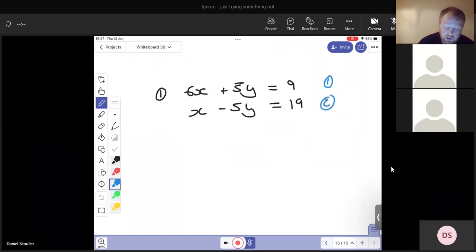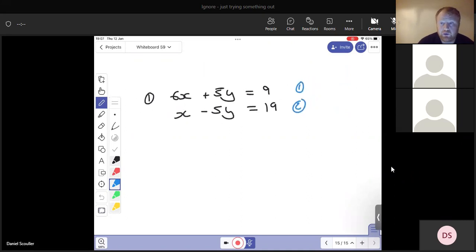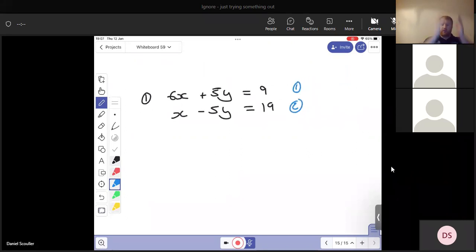Now, we want to go through a process of elimination. So we've lined them into vertical columns. That term in front of the y is the same as the term below it in front of the y. One's positive and one's negative.